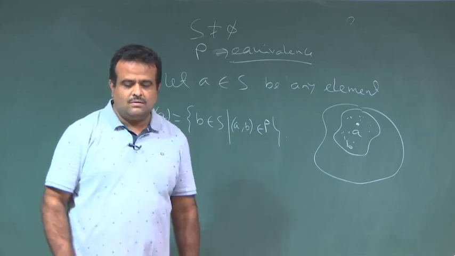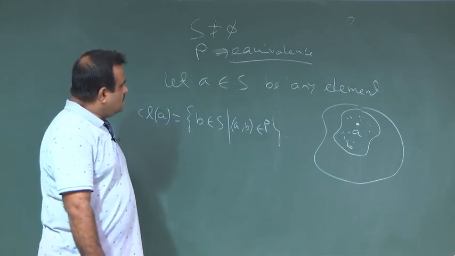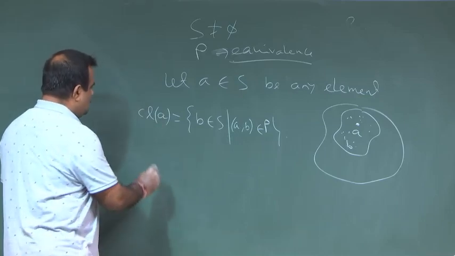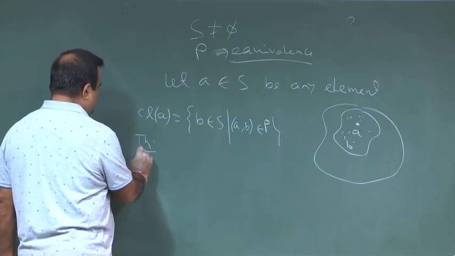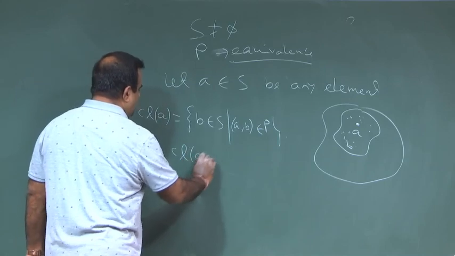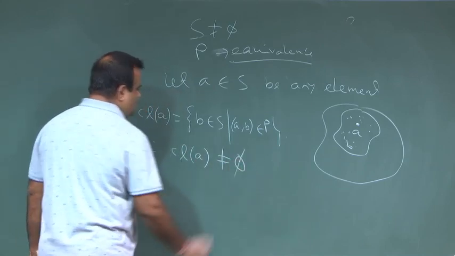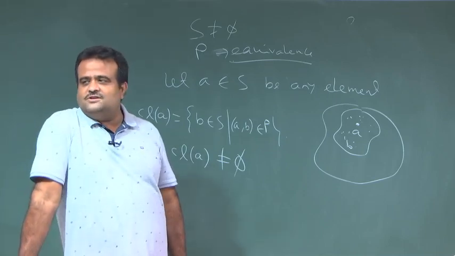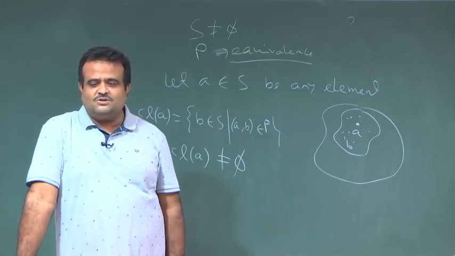Now, this class is non-empty. So, this we can claim, CL(a) is non-empty. There must be at least one element in this class. Why is this non-empty?